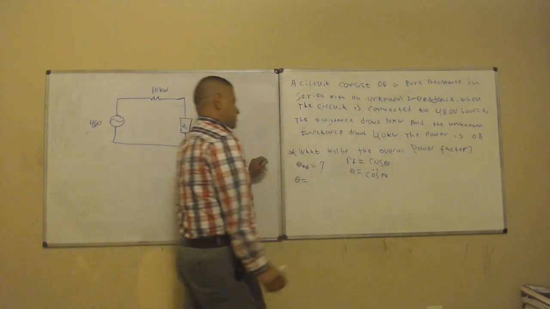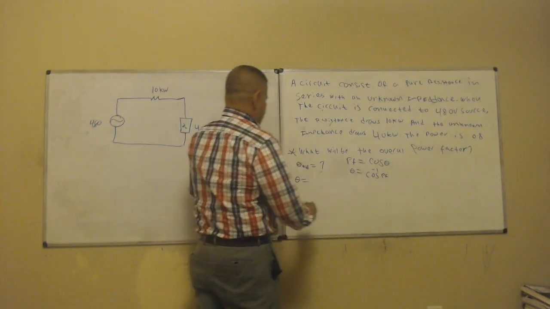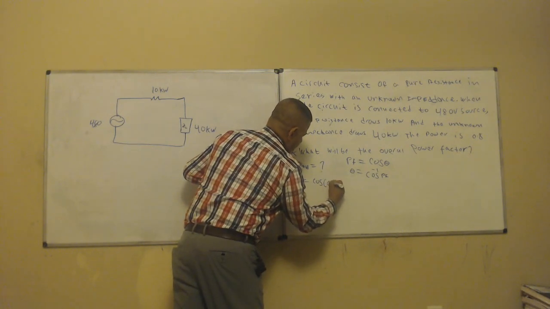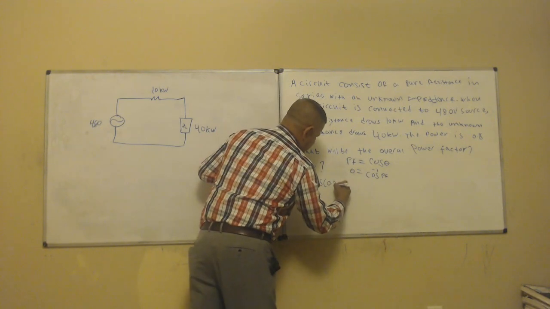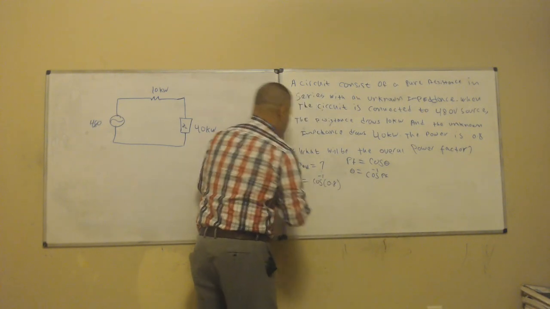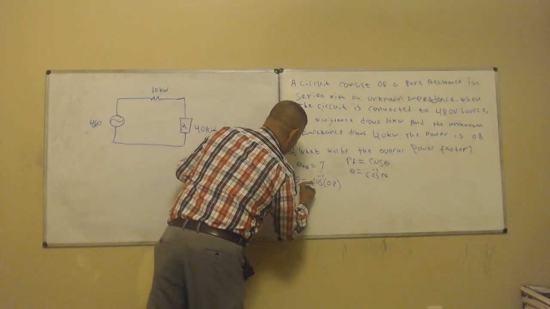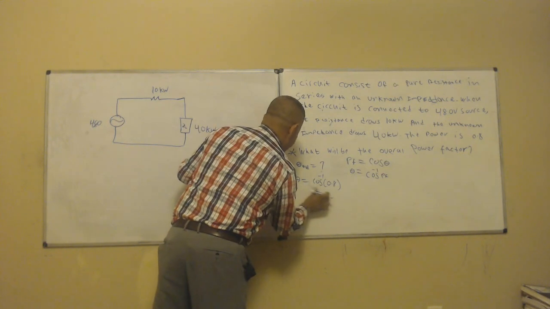So I take the inverse cosine of the old power factor, which is 0.8, and that will give me my theta old.